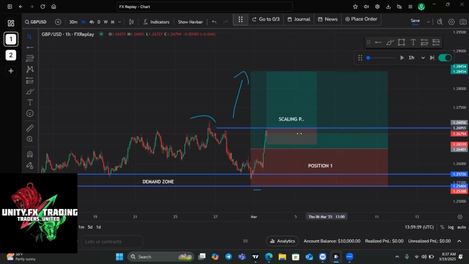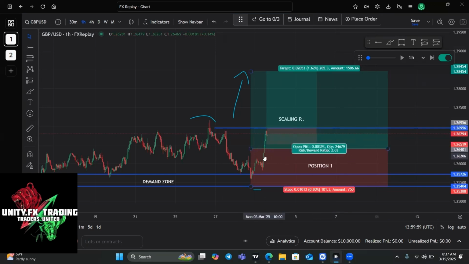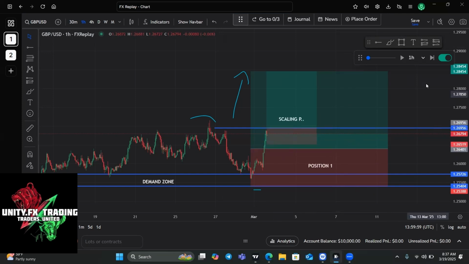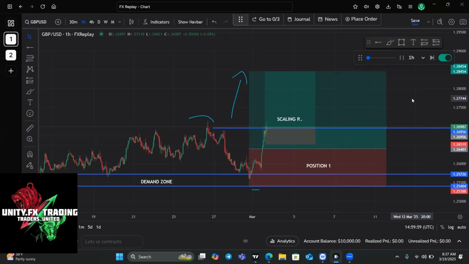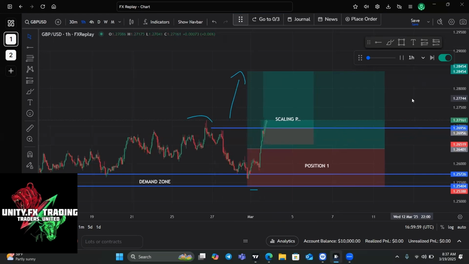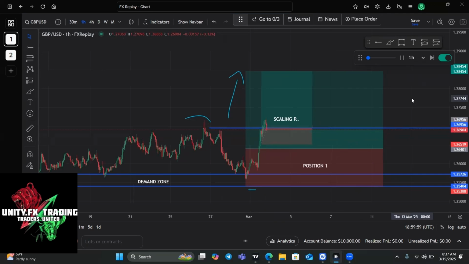I just wish you guys could have seen how it started here, although I played a lot and then we missed the entry, but it's fine. This is how our entry played out, guys. This was the second entry there, on top of the first entry that we had.